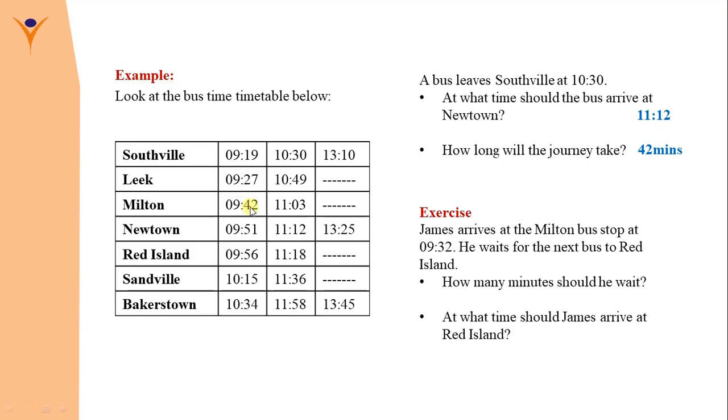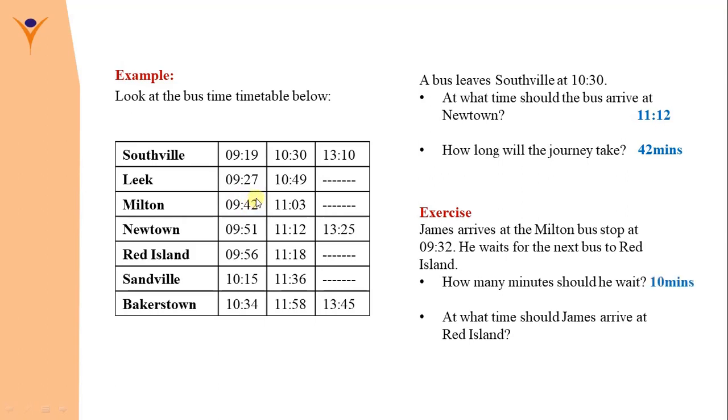Since he arrived at 9:32, we're going to focus on this first column. Between 9:32 that he arrived and when the bus would leave, there are 10 minutes. So for question 1, how many minutes should he wait? He would wait for 10 minutes because the bus was going to leave at 9:42, but he arrived at 9:32.